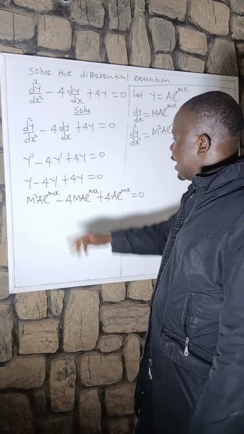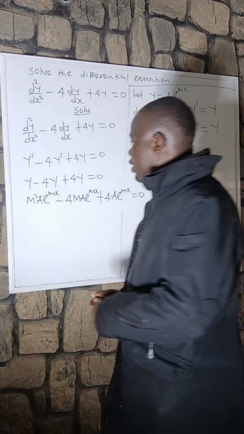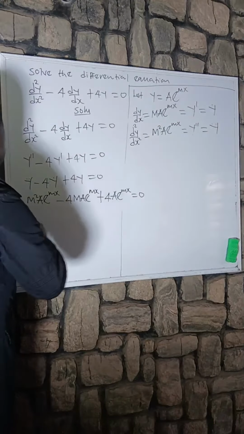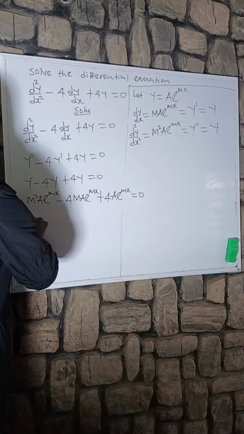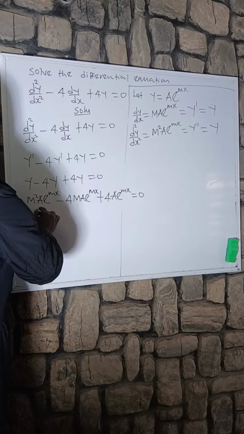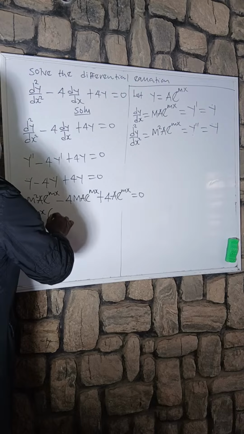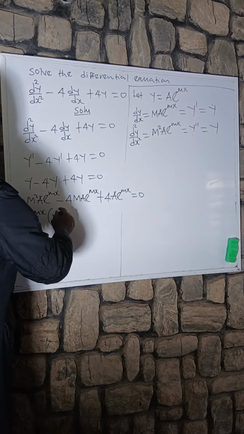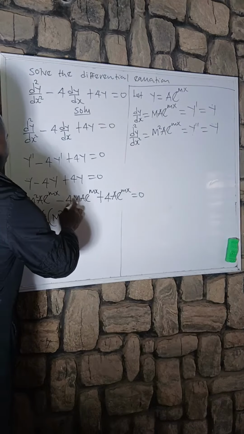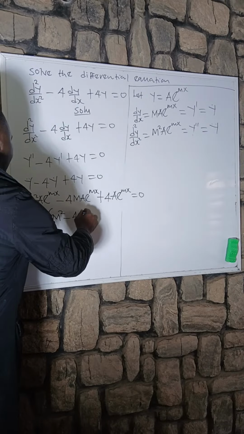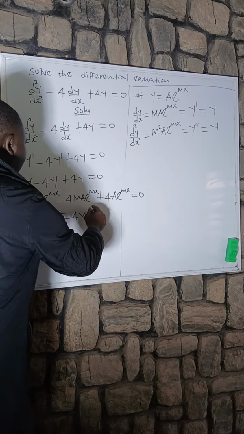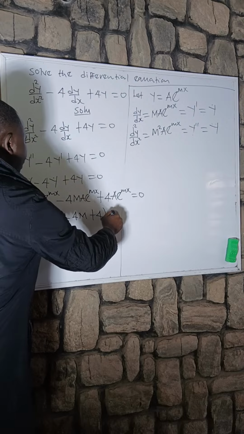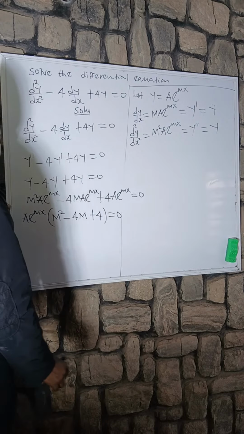A exponential mx is common, true or false? You factor it out. A exponential mx is common. Open bracket, it means here will be m squared minus 4m plus 4, which is equals to 0.